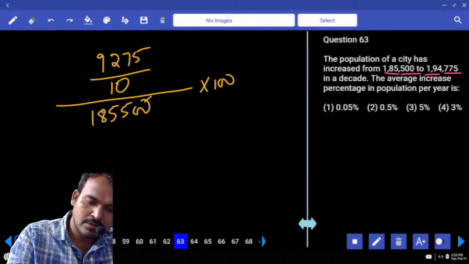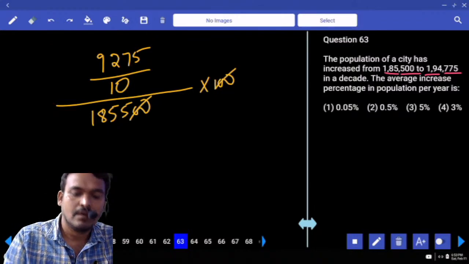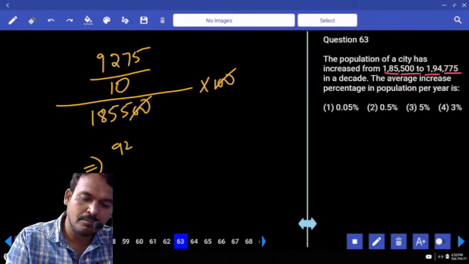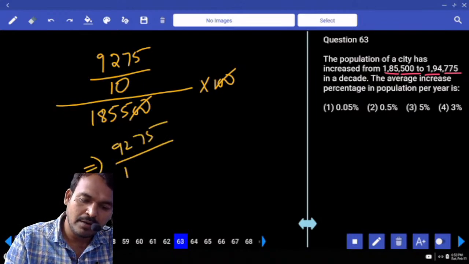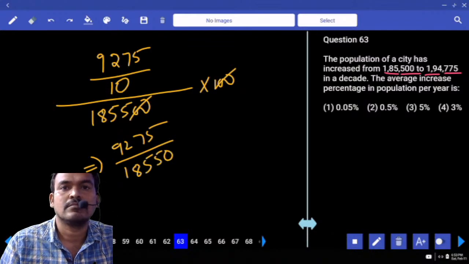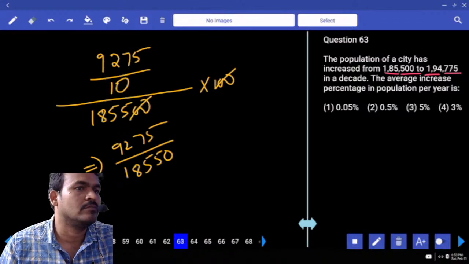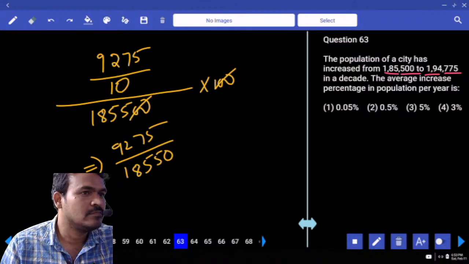Okay. First two zeros cancel. 9275 by how much value? 18550. Almost half.